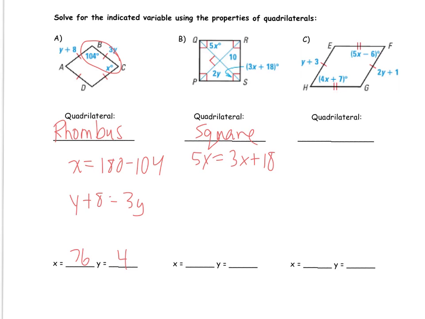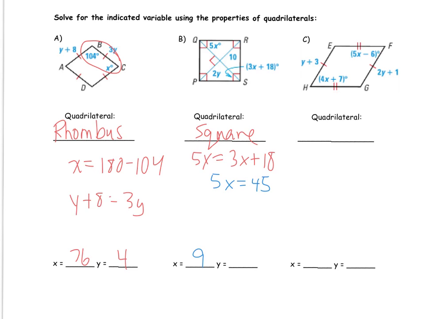We could have also, FYI, done 5x equals 45, because remember, when the diagonals are cut in a square, you'll always get 45-45-90-degree angles. Either way, your x value is going to work. What does x equal? 9.